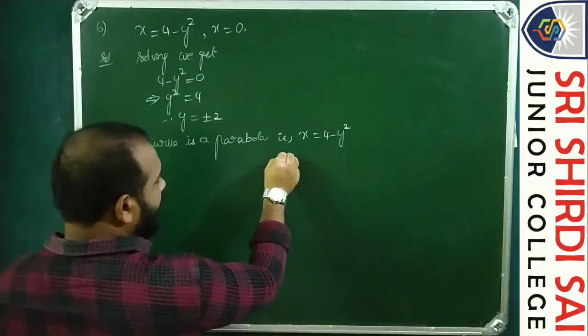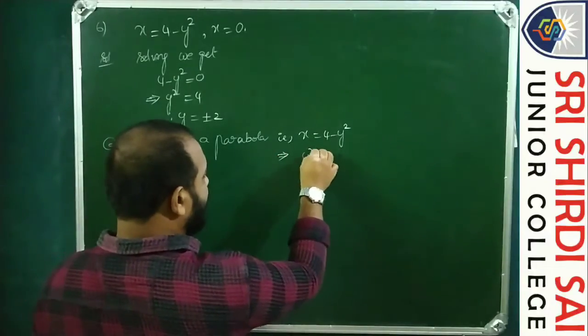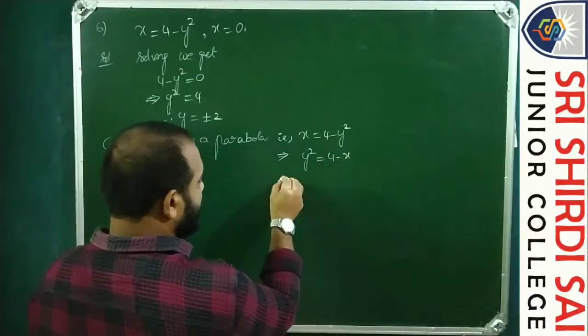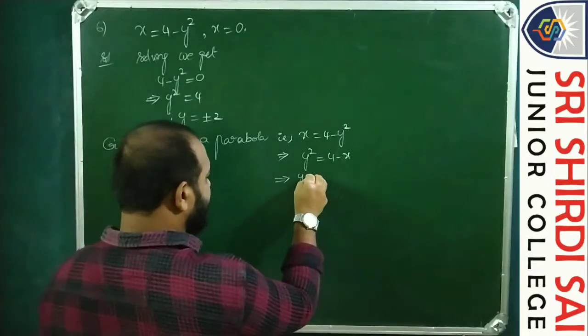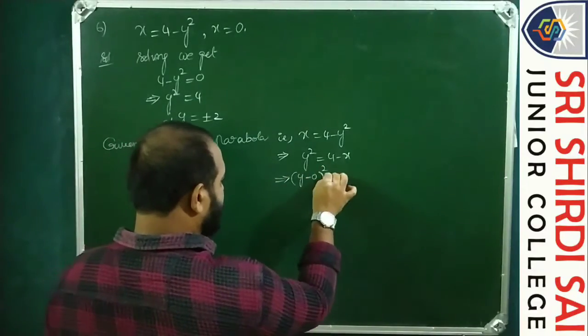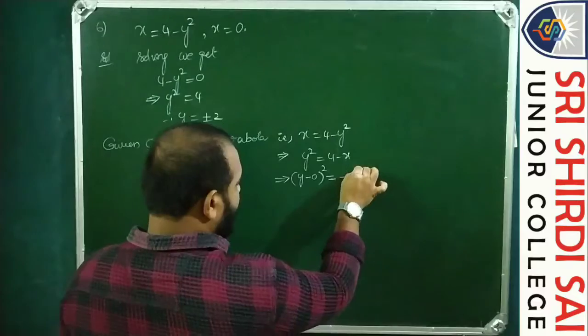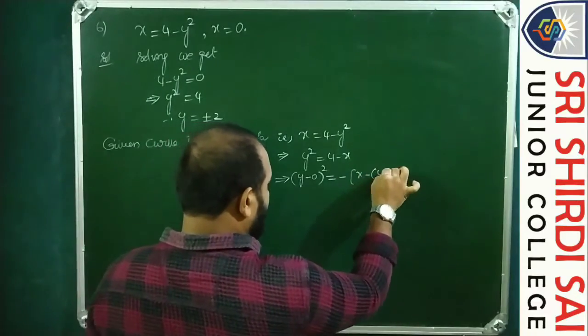So this can be rearranged as y square equals 4 minus x. This can further be rearranged as y minus 0 whole square equals minus of x minus 4.